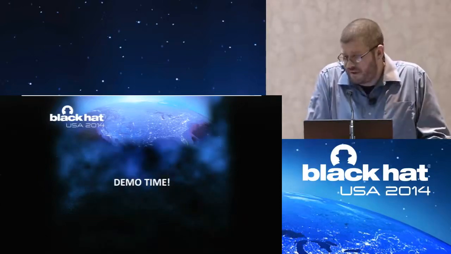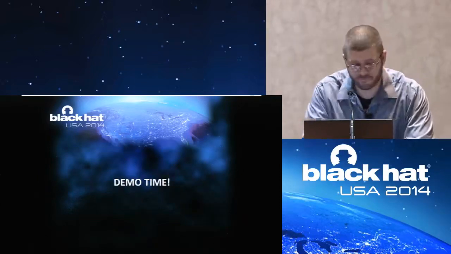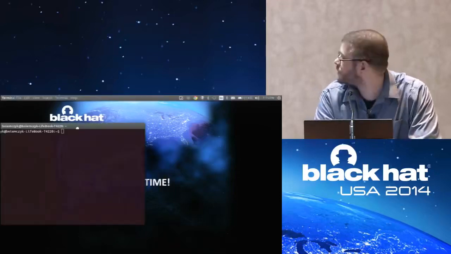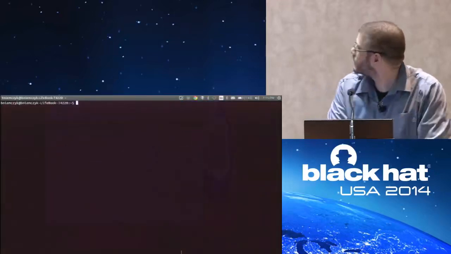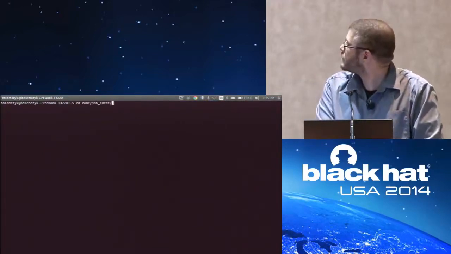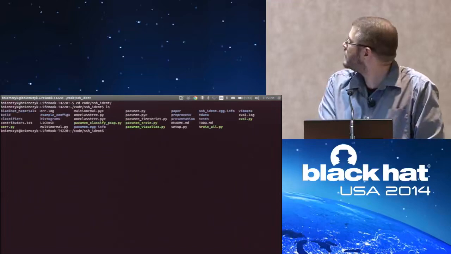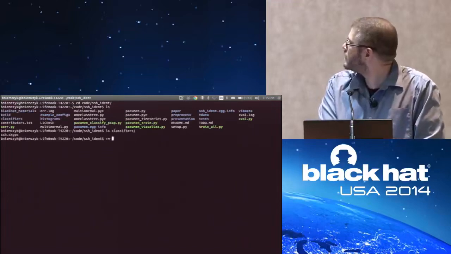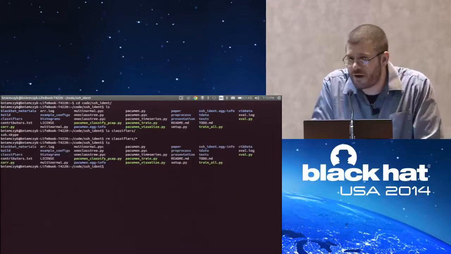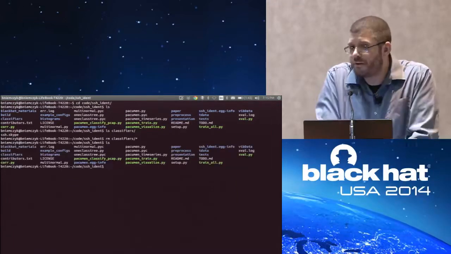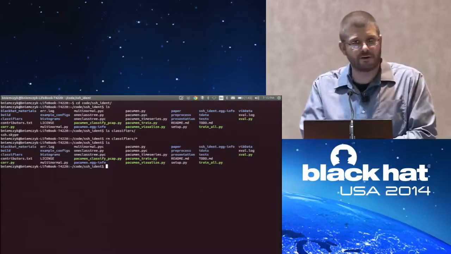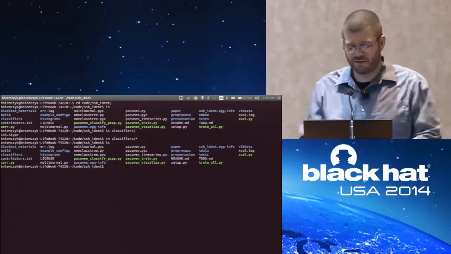So let's just do a demo. Okay, so we don't have any classifiers at this point, but we've collected a whole bunch of data that we know is Skype over SSH because we know it when we collected it.